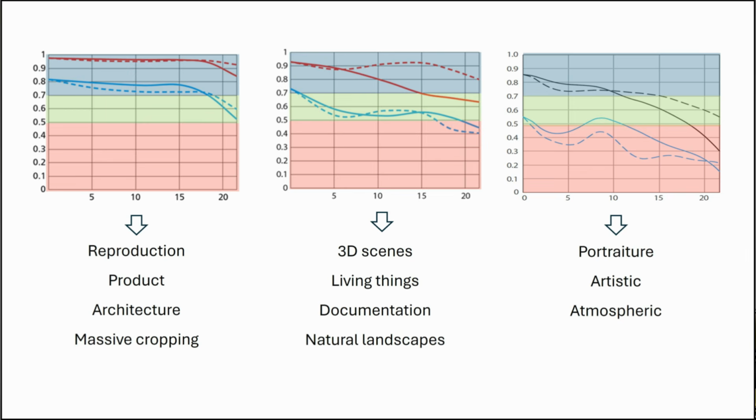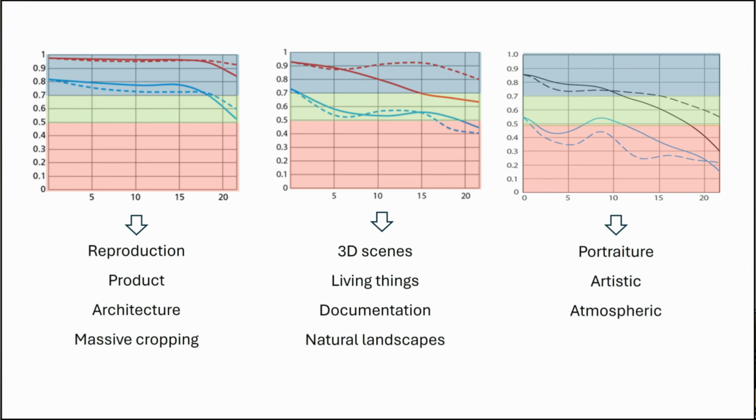They are better suited, especially for living things, like people, like animals and plants. So I would argue that they are better in landscape photography, especially in natural landscapes, where you want to portray the distances and the structures in your scene.